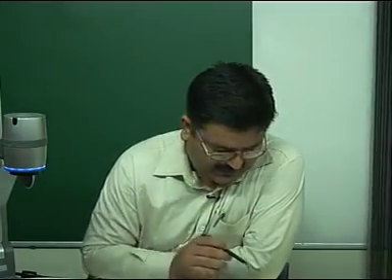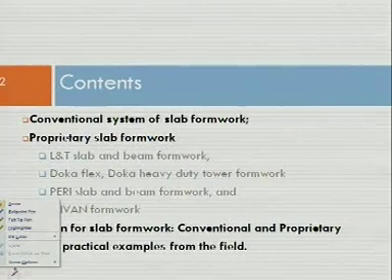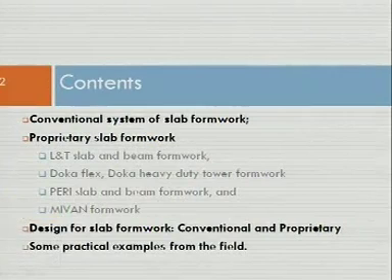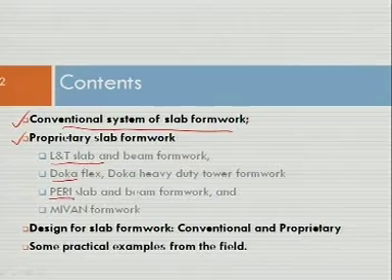I have just made a tentative outline of presentation. First we will cover the various issues involved in conventional system of slab formwork. Then we move on to proprietary slab formwork. There we cover this LNT formwork, DOCA formwork, Perry formwork and then My1 formwork.